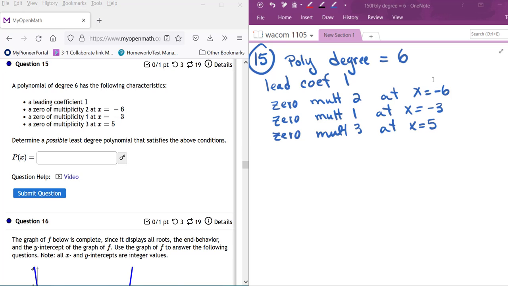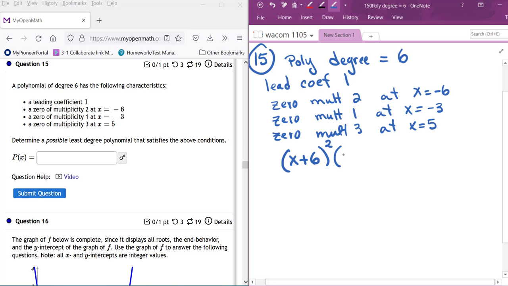So first of all, to have a 0 at x equals negative 6, that comes from a factor of x plus 6. You set it equal to 0 and solve, gives you negative 6. It has a multiplicity of 2, so our exponent there will be 2. Next, we have a 0 at x equals negative 3.